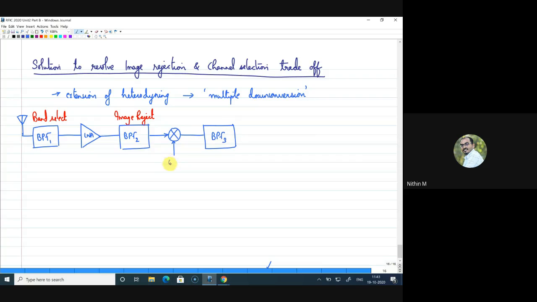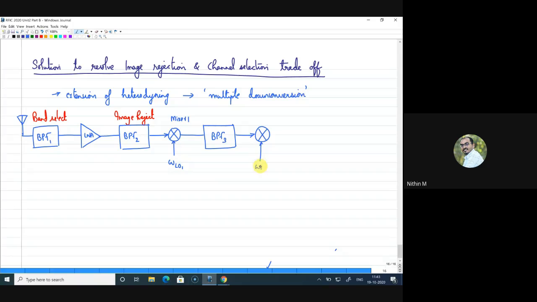Now here we are introducing the LO, I'll just call it omega LO1, and so this is your mixer 1, right? Now what is happening here, this is shifting the center frequency to a lower center frequency, right? So there I am employing one more band pass filter, and that will be followed by one more mixer there.